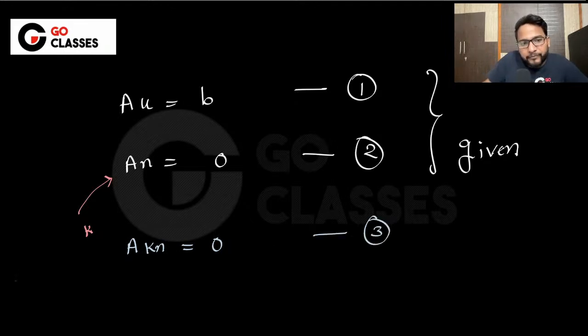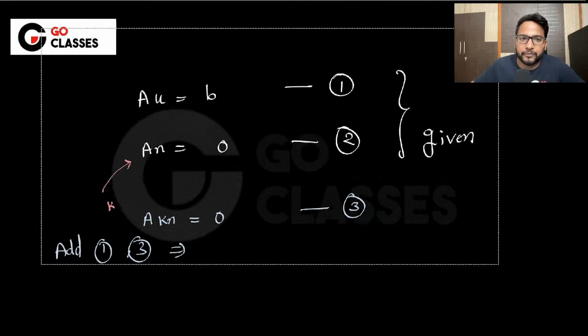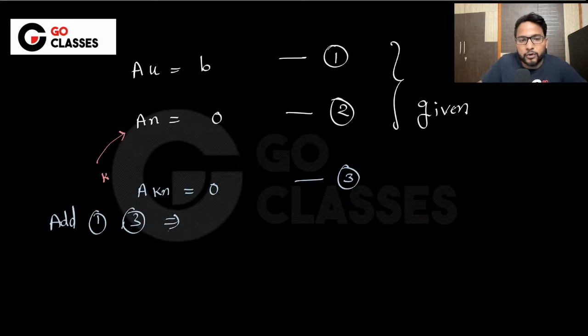Then add 1 and 3. Then what you will be getting? If you are adding 1 and 3, just tell me, what you will be getting? You can take A common: u plus kn is also b, isn't it?